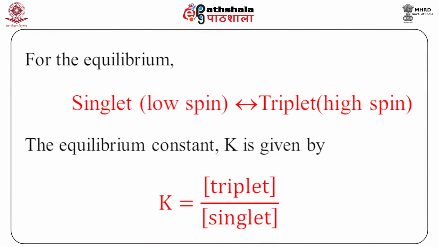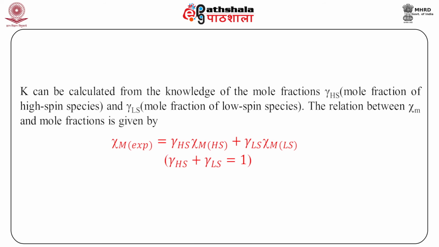For the equilibrium singlet to triplet state, the equilibrium constant K is given by K equals the concentration of triplet state divided by the concentration of singlet state. K can be calculated from the knowledge of the mole fractions gamma HS and gamma LS. The relation between chi M and mole fractions is shown here.